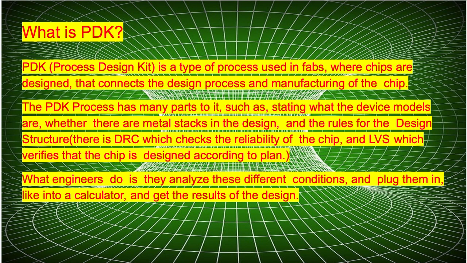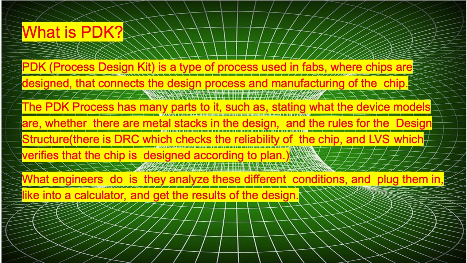Other parts of the PDK process are, for example, you implement whether there are metal stacks in the design of the chip. You might also have to give the rules for the design structure of the chip. For example, there's DRC, which checks for the reliability of the chip, whether the chip is reliable and effective.